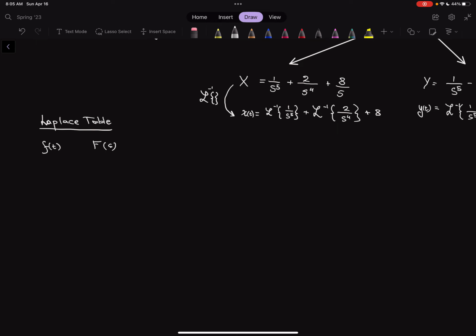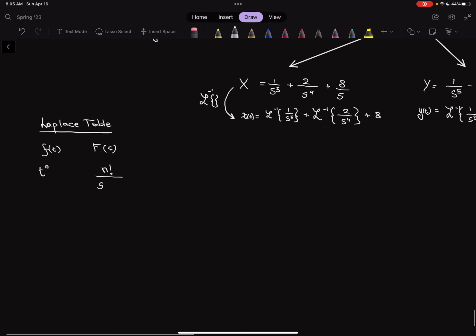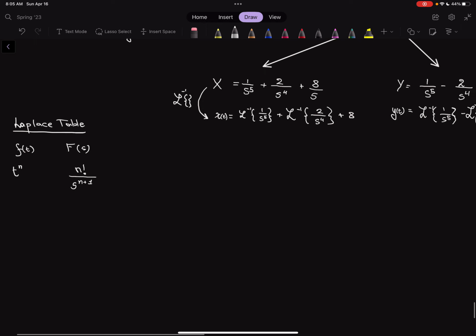And f of t is t to the n, and here I have n factorial divided by s to the n plus 1. So here we have something that could resemble this if we say our n is 4, because at the bottom we have one more than what our n should be.